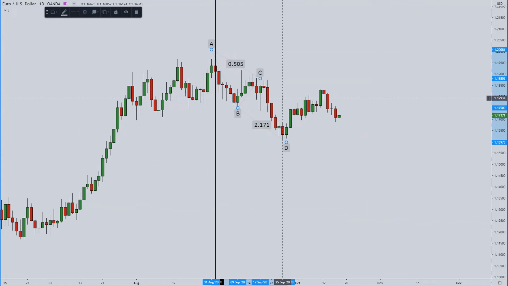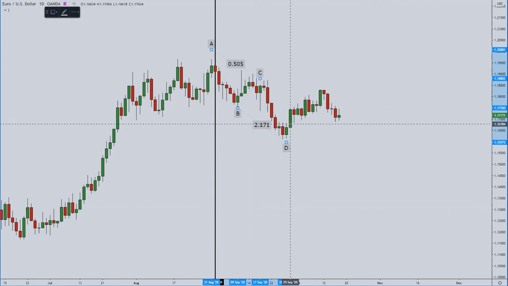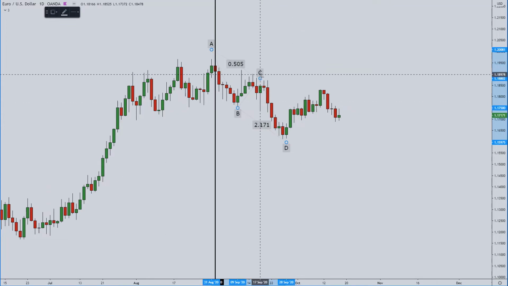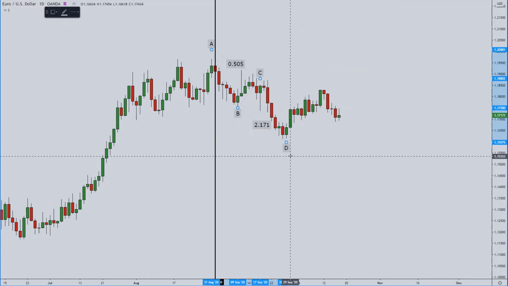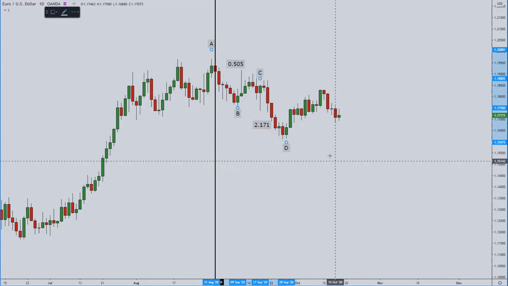And when this wave is complete, the market just continues and it repeats, right? If this was A, B, C, D, the B and D is always on the downside in a down wave. The A and C is always on the upside.